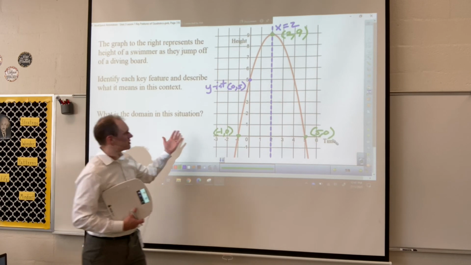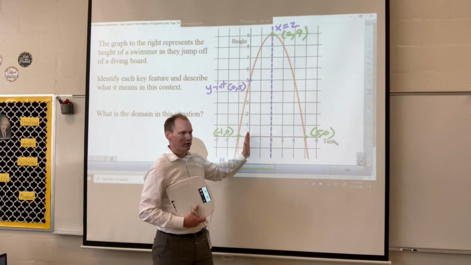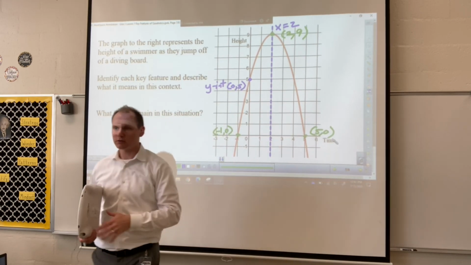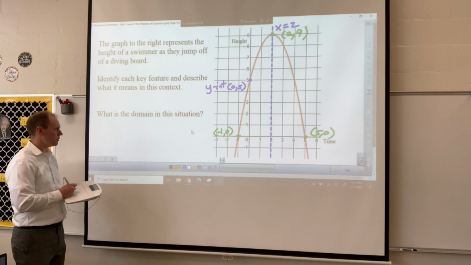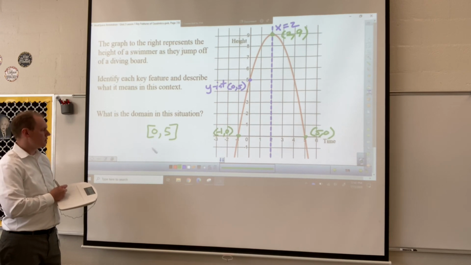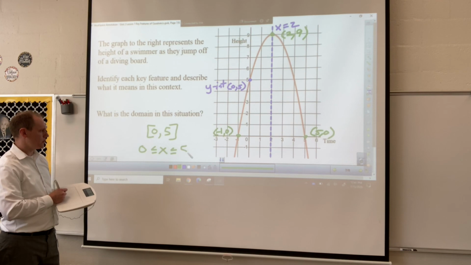So what x values are we talking about if we're going from the jump to where he hits the water? 0 to 5. That's the only thing that matters in this case, right? So in the context of the problem, the domain would be from 0 to 5. If you do interval notation, it would be that. If you do inequality notation, it would be that, from 0 to 5.